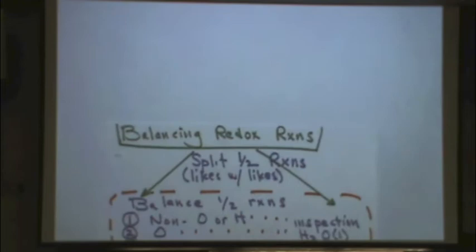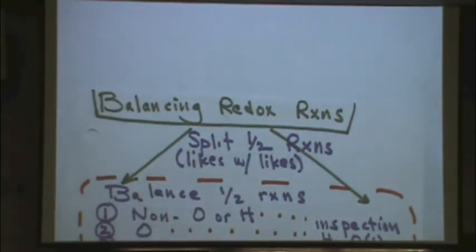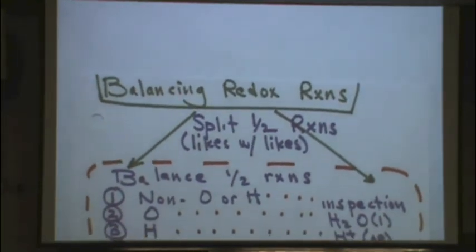Here we go. This is also in your textbook, in your reader on page 38 as a flow chart. In your textbook, I think they write this out in words on page 173. So either page 38 or 173. How do you do this half reaction method?